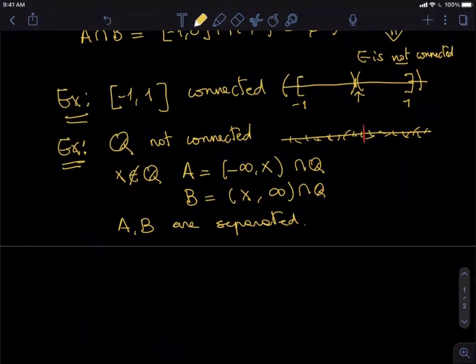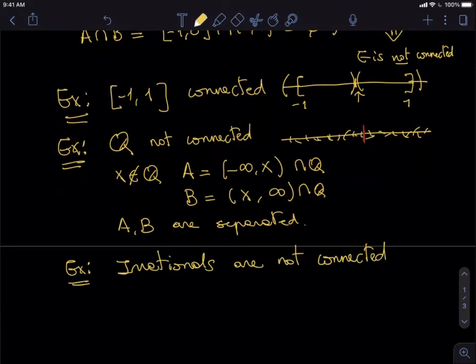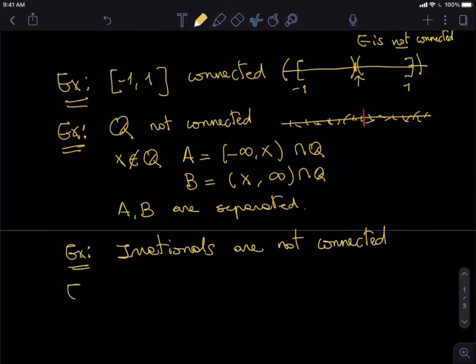In the same way, the rationals are not connected because we could split the rational numbers at any irrational number. And we also have seen the Cantor set. This one is also not connected.